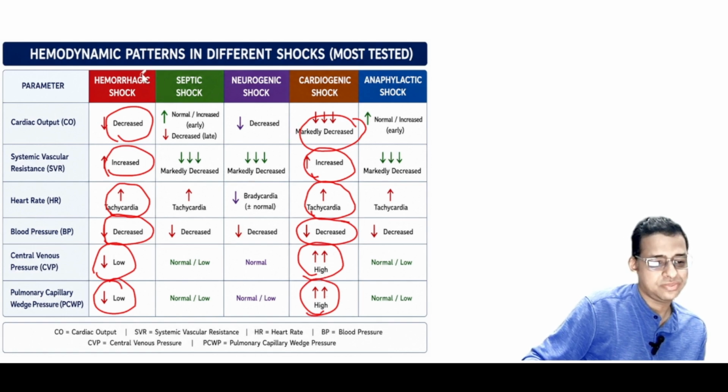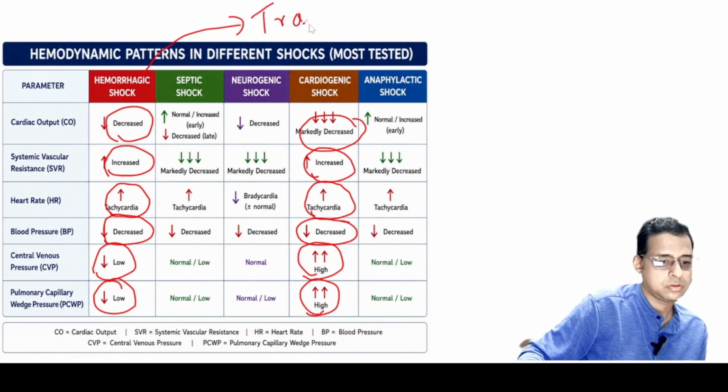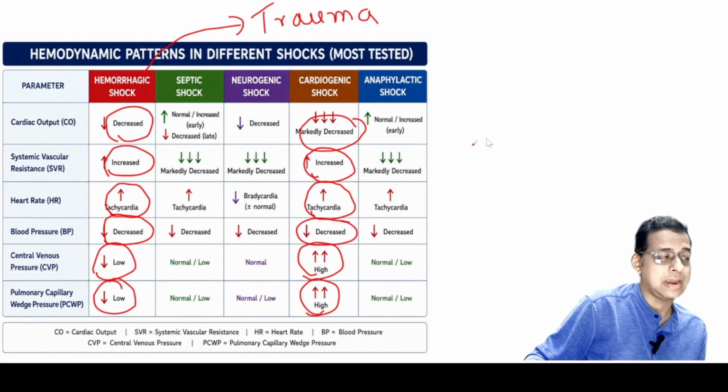One of the reasons for hemorrhagic shock is trauma. They will definitely give you the accident case or hypotension case or any other case they may give you. Then in case of cardiogenic, one of the important causes is cardiac failure.